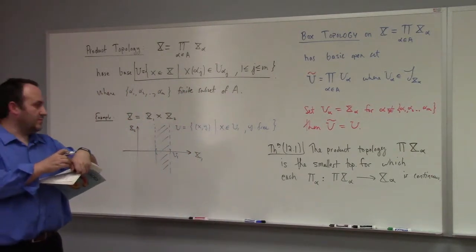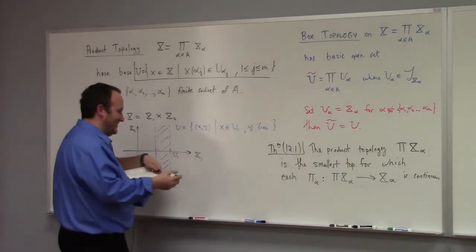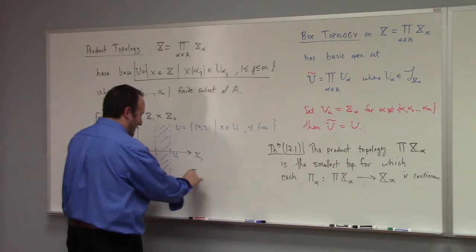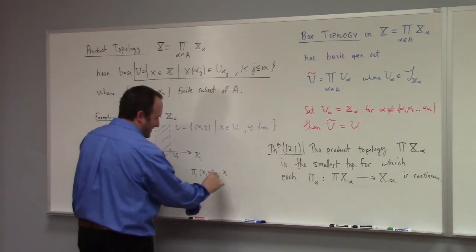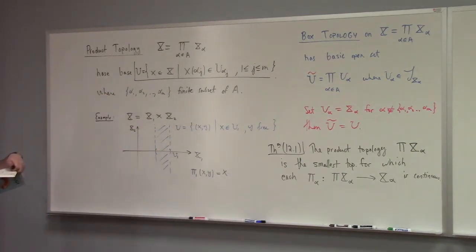So it's easiest, I mean, this is not terribly useful, but pi 1 of (x, y) equals x. But the notion of projection here is much more general than that, right? It's not just a list, it's a function.